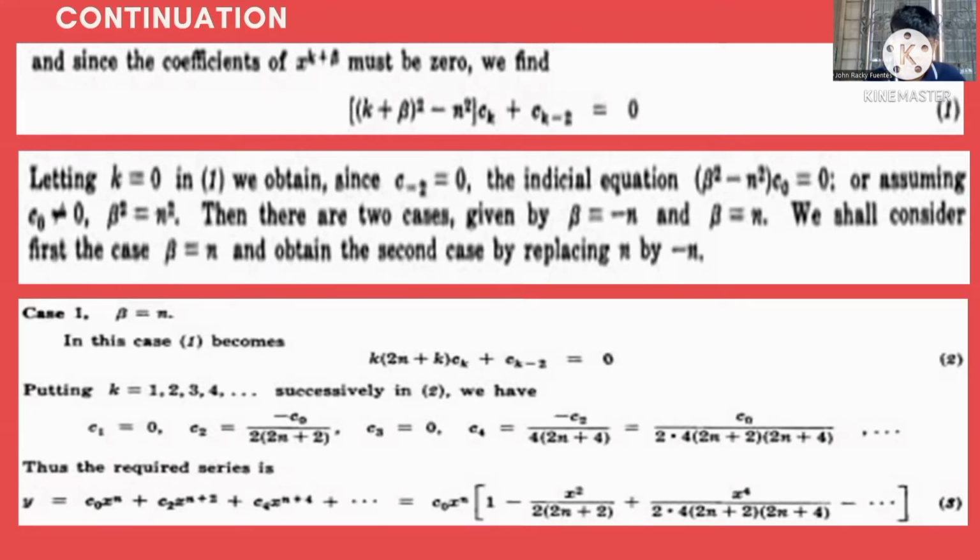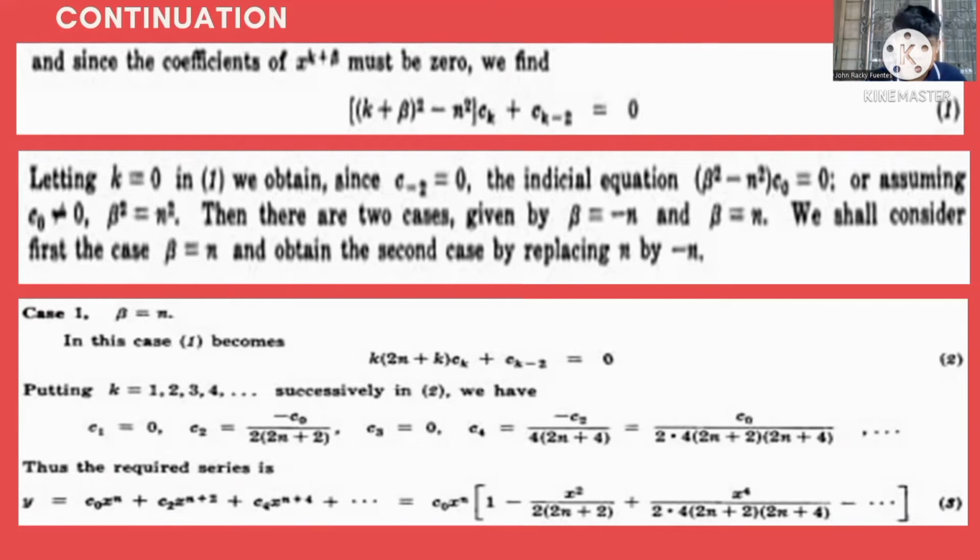Successively in 2, we have, ito nga yung nakuha natin sa case number 1, c sub 1 is equals to 0, c sub 2 is equals to negative c sub 0 all over 2(2n plus 2). Tapos ito yung sa c sub 3 is equals to 0.